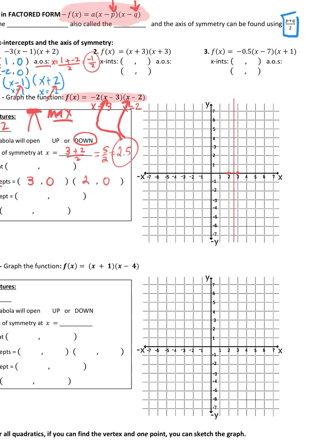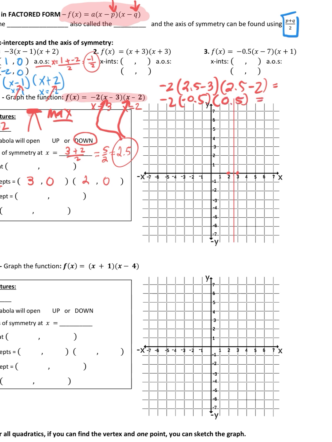So take this number and put it in for x, where x is. When we do that, we get -2 out front, and we get 2.5 minus 3, and then 2.5 minus 2. Let's just do this math. Here in the center, that's going to come out to -0.5, right? This -2 is still out front. And here, 2.5 minus 2, that's going to come out to +1/2, right?